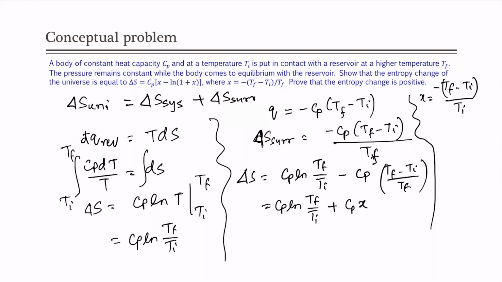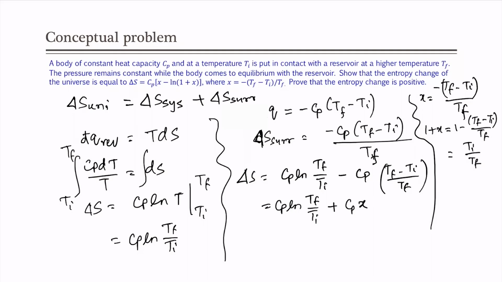Now, let us simplify this a little bit more, 1 plus x. So, I add 1 on both sides. So, 1 plus x, if I add, will be 1 plus 1 minus Tf minus Ti, which will give us Tf minus Ti plus Ti, so Ti by Tf.